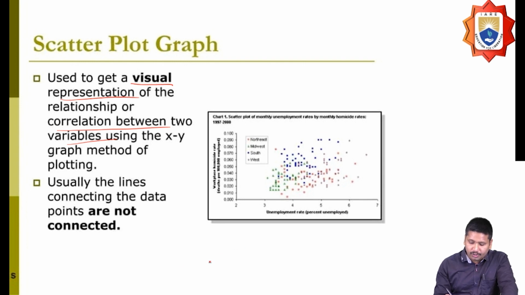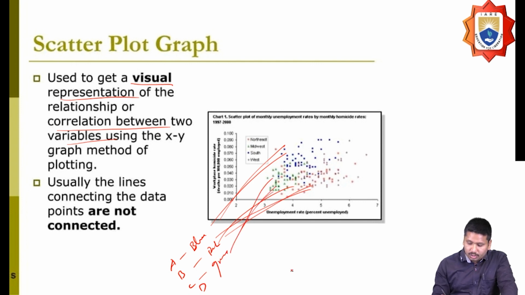Simply, I take parameters A, B, C, D. A is prepared with blue dots, B with red dots, and C with green dots, like this. Here we should not join all the dots.